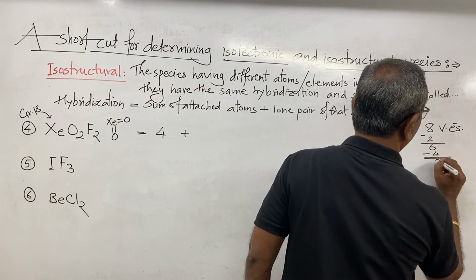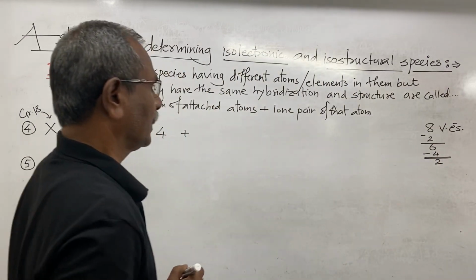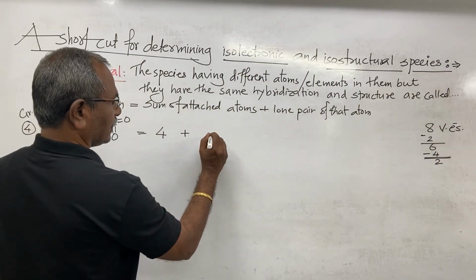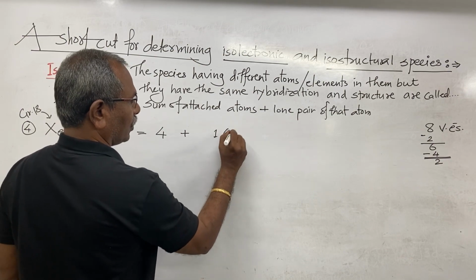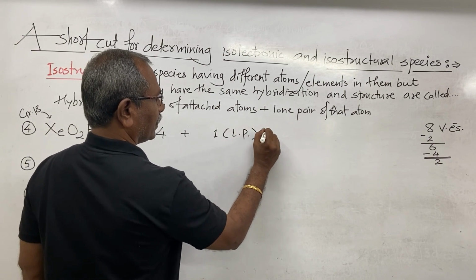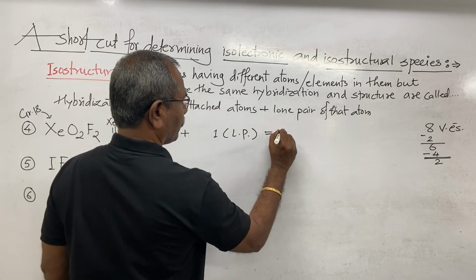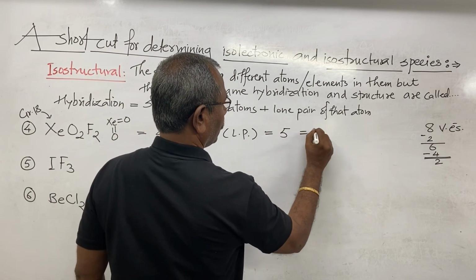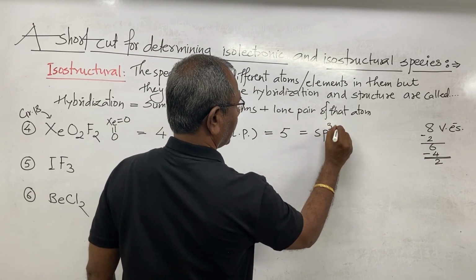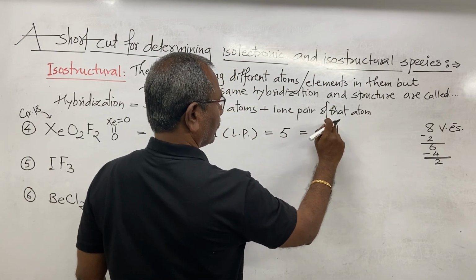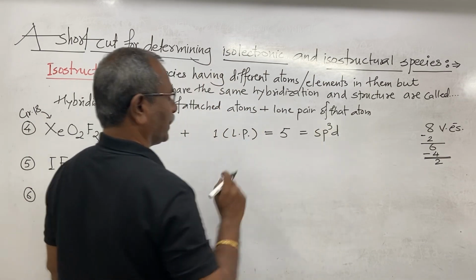So total left is 2. So 2 electrons means there is one lone pair. So 4 plus 1 is equal to 5, sp3d, 4 plus 1, 5.